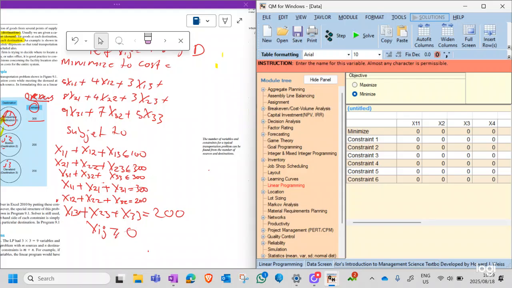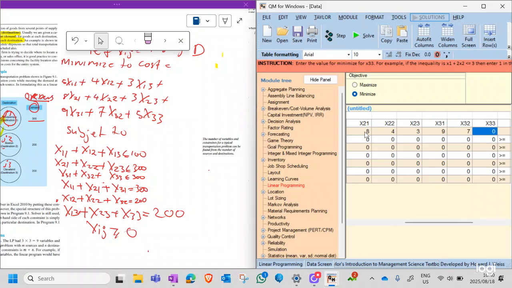Now x11, x12, x13, x21, x22, x23, x31, x32, x33. Okay, then under minimize you have 5, 4, 3, 8, 4, 3, 9, 7 and 5.